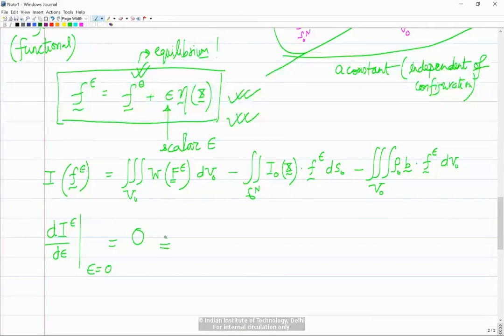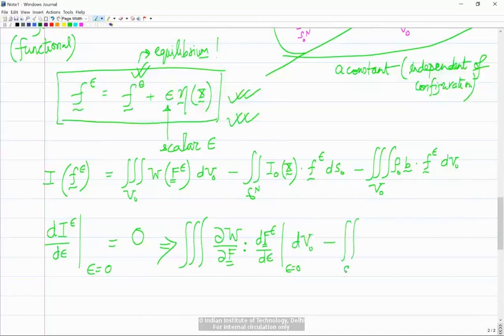What are we getting? So from the first term you have dW by d epsilon, right? Now you can use chain rule, and this becomes del W over del F double contraction dF epsilon by d epsilon, and evaluated at epsilon equal to 0, into dV naught, minus the next term.